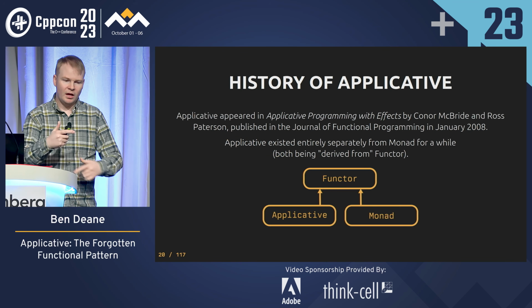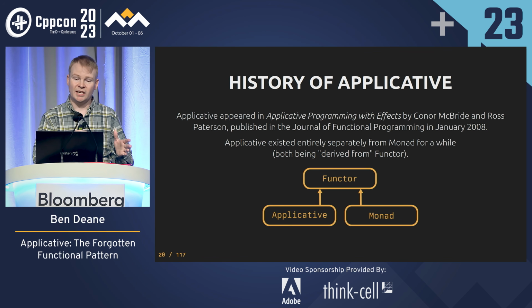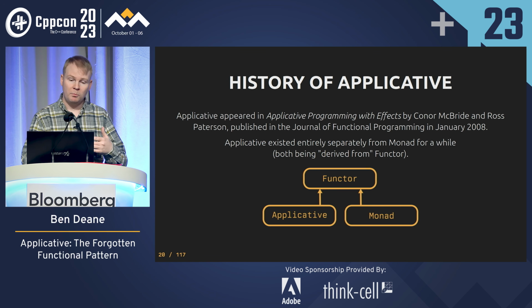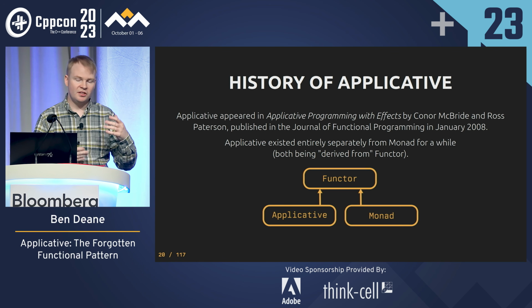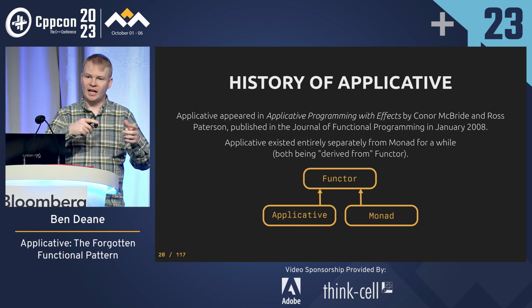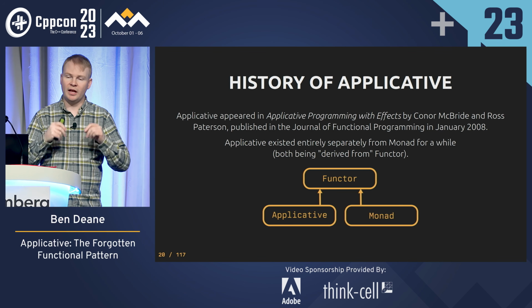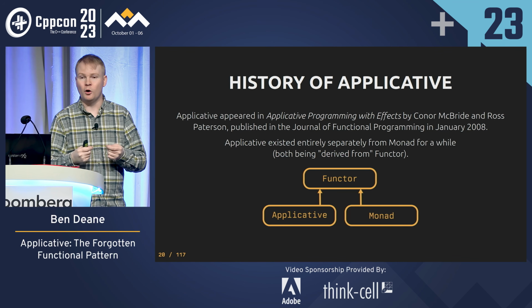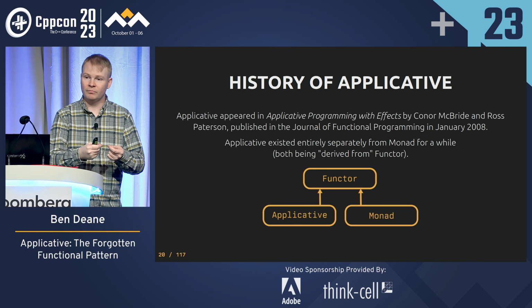Anyway, so in 2008, well, in the 2000s, but particularly in a paper in 2008, applicative was popularized. And it's another type class, right? And at the time, it has this kind of inheritance relationship. So again, applicative is short for applicative functor. So every applicative is a functor.